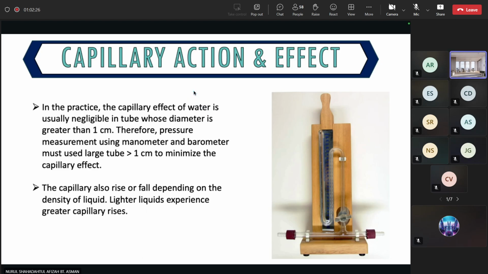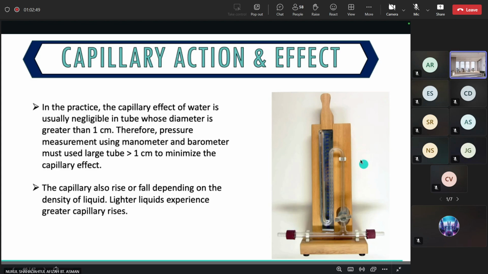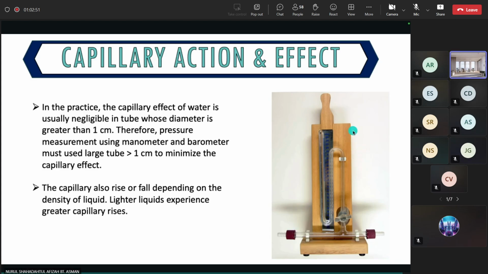Next is capillary action and its effect. In practice, the capillary effect of water is usually negligible in tubes whose diameter is greater than 1 centimeter. Therefore, pressure measurement using a manometer and barometer must use a large tube, more than 1 centimeter, to minimize the capillary effect. So this is an example of the application of the capillary effect.